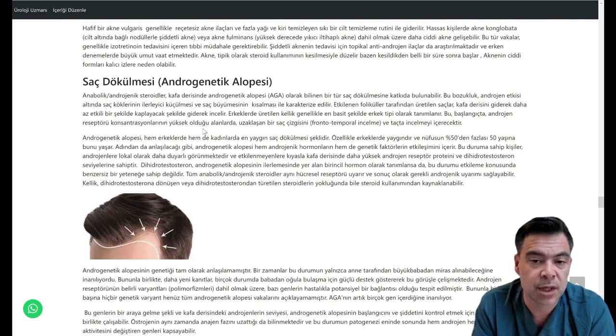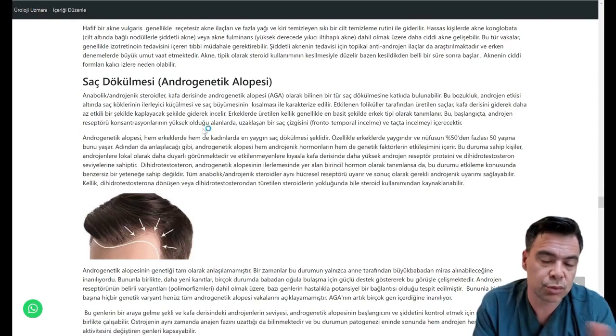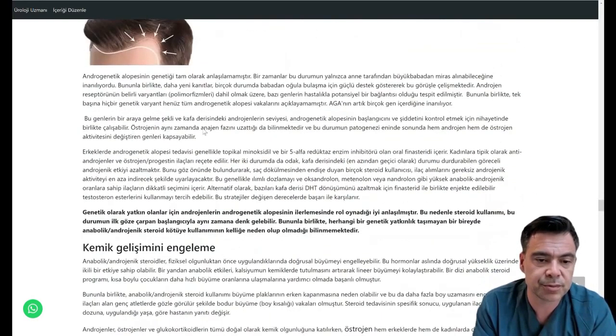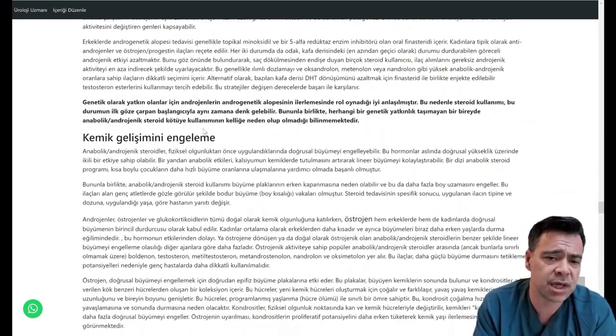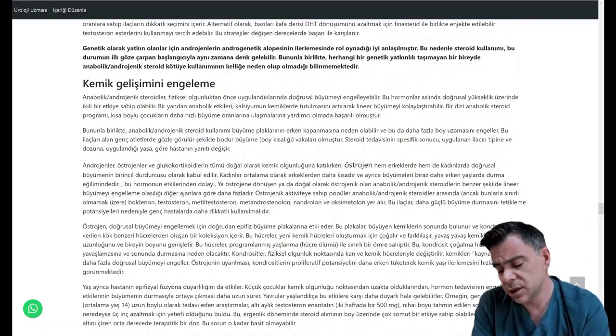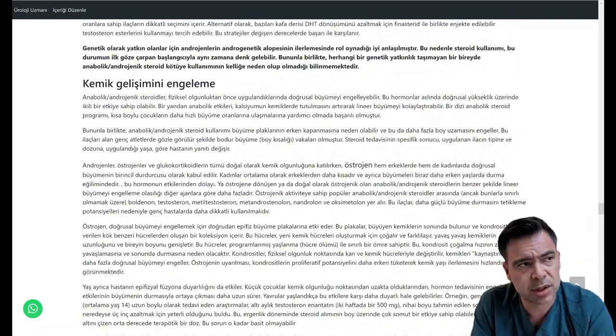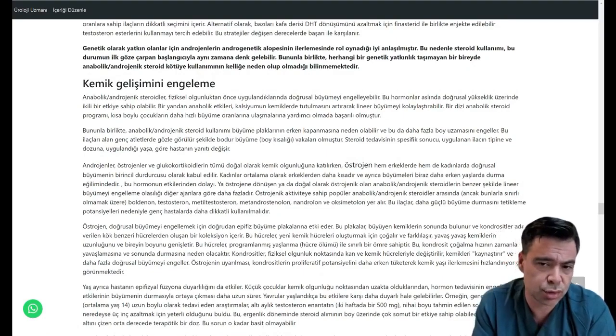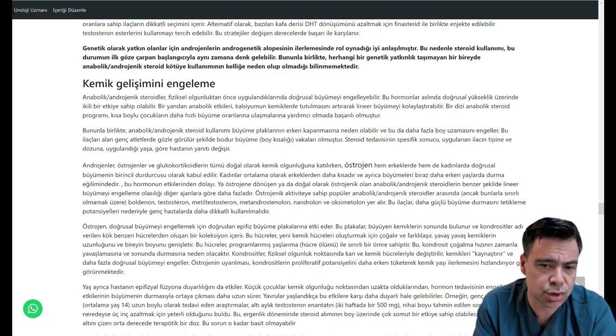If anabolic steroids are used before bone development is complete, they can inhibit bone growth. Since estrogen is the main hormone that stops bone growth, steroids, especially those that aromatize to estrogen, can stop bone growth. Anabolic steroids that do not aromatize to estrogen, on the contrary, are likely to increase bone growth.